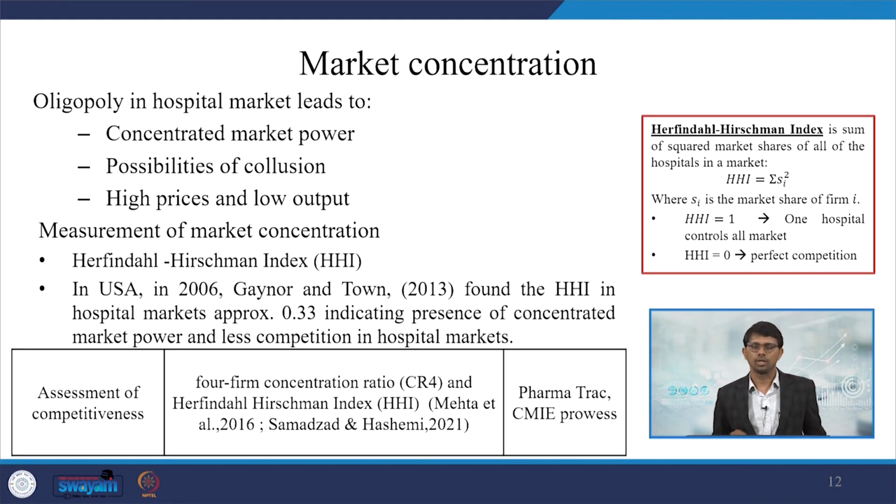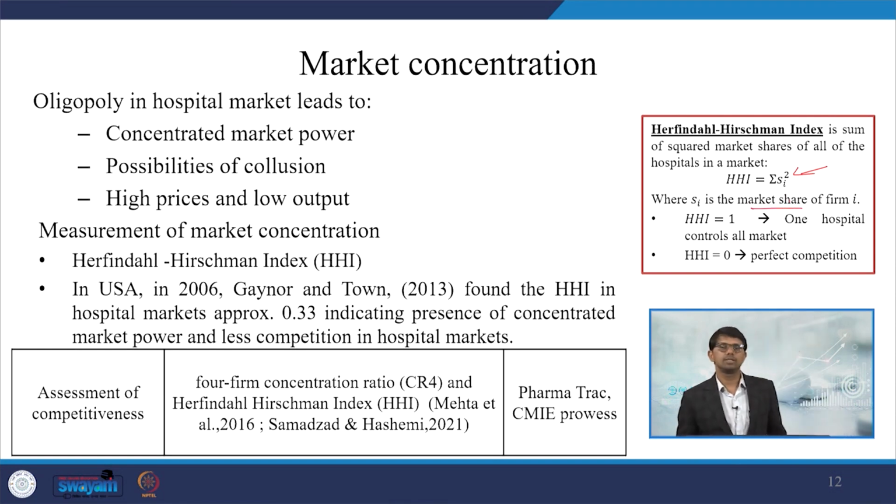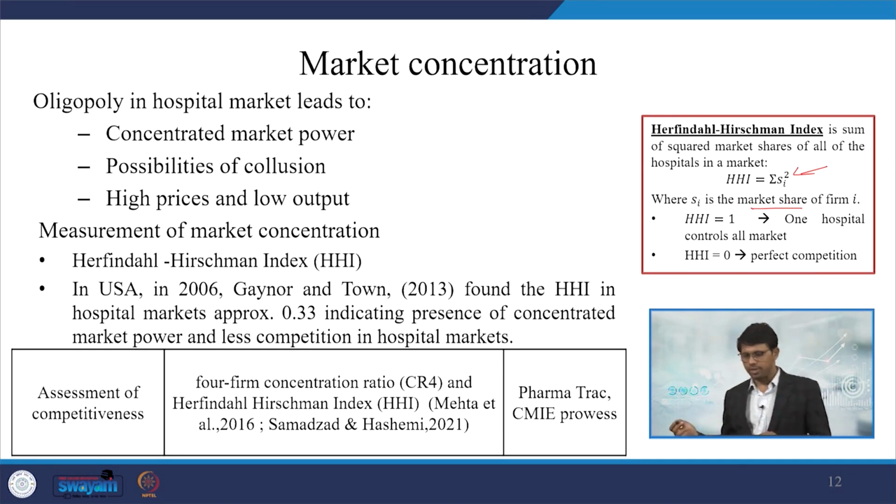In short, HHI is the sum of squares of the market shares, where Si is the market share. If the HHI is 1, that means one hospital controls the whole market.